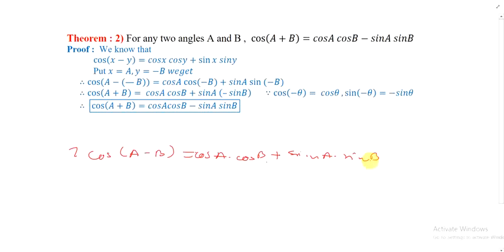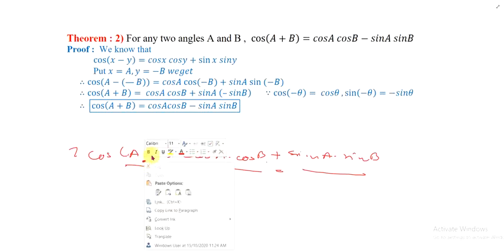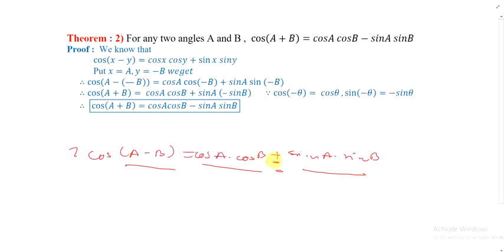Now, this is the result which we have seen in yesterday's lecture. That is, again I repeat it, cos(A minus B) is equal to cos A into cos B plus sine A into sine B. That is, here we have a negative sign on the left side, that is LHS, and positive sign on the RHS.